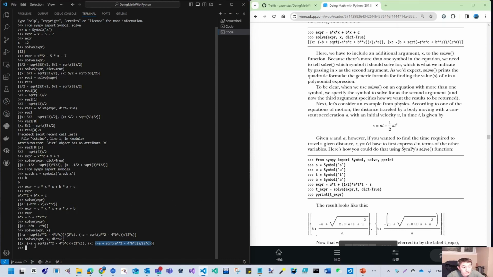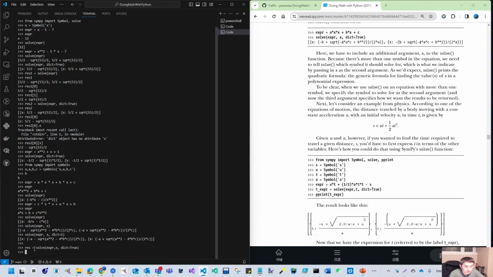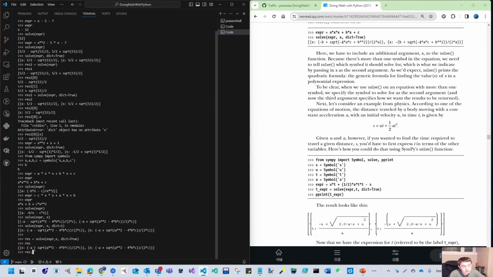And then, if we remember, we can put, let's see, if I have solved this, the result is solve the expression for X with dict equal to true. Then the result, putting subs with A 3, B 5, C 4.